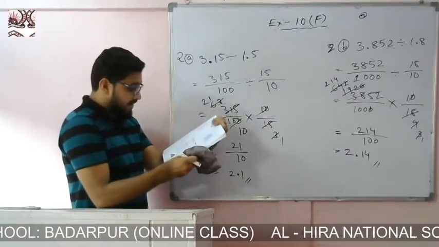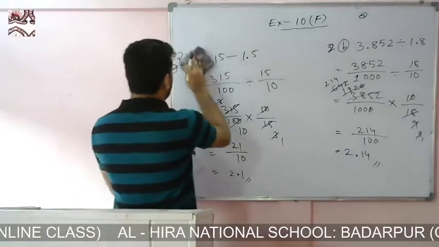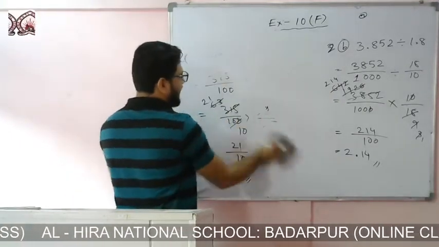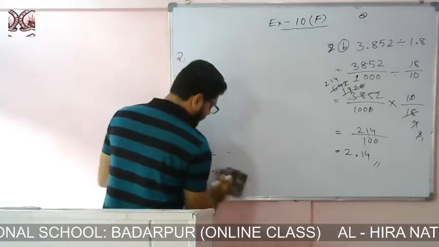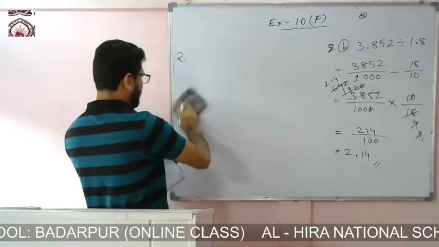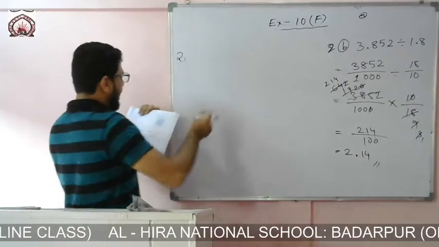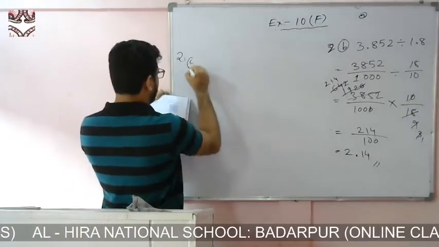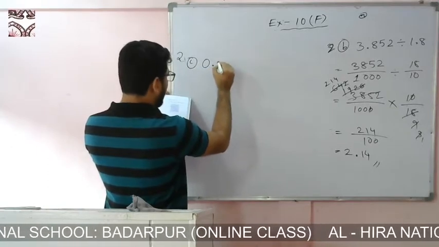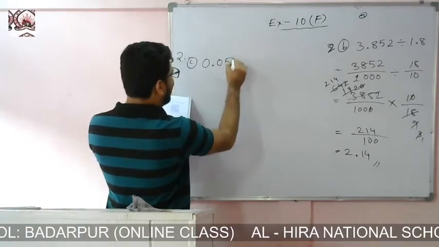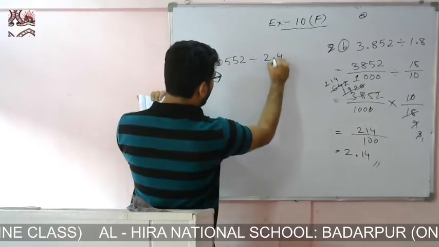Now come to question number 2C. Question number 2C, you check. 0.0552 divided by 2.4.